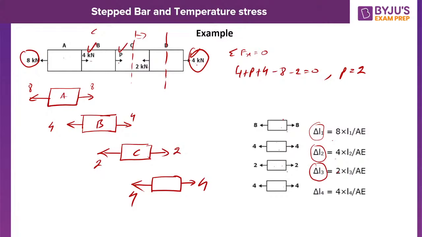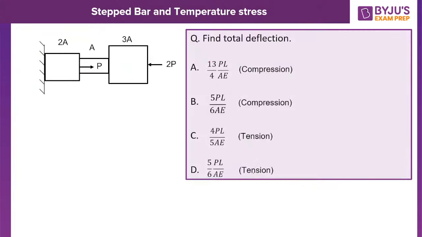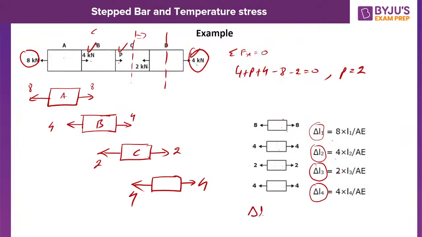If I have some contraction, if a compressive force is acting in a block, then I'll use the negative sign. Then add all of these to find the final delta. So the final delta is delta of L1 plus delta of L2 plus delta of L3 plus delta of L4. Did you get that?